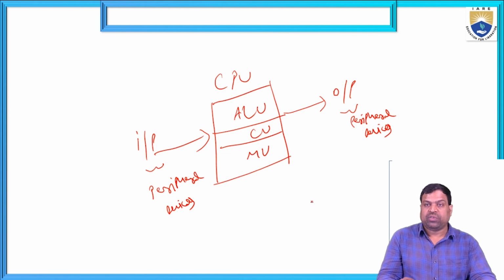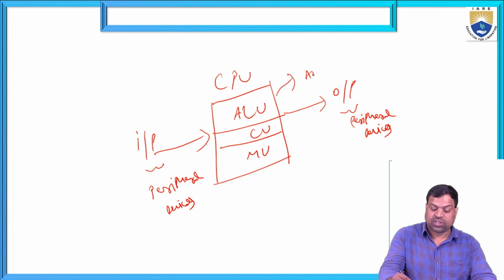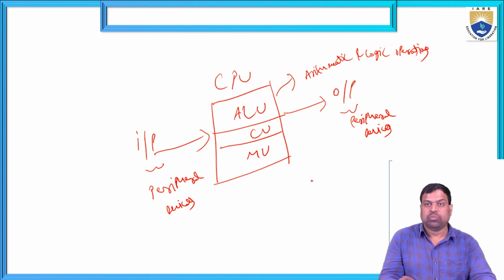These are the peripheral devices. So the CPU has the ALU, the CU control unit, and the memory unit. The ALU is for arithmetic, and then the control unit and memory unit.